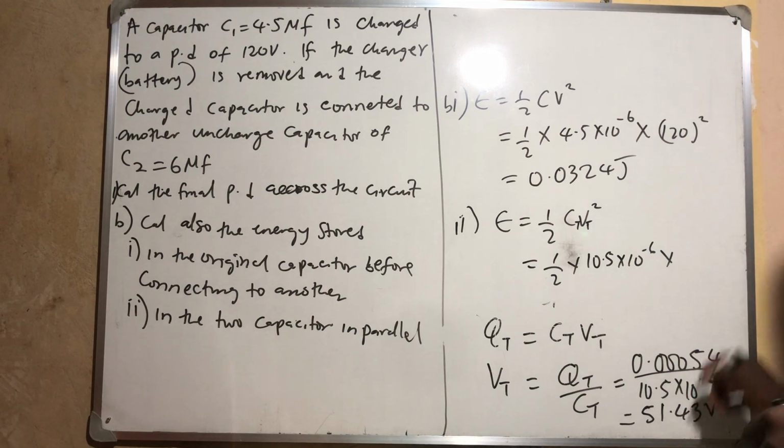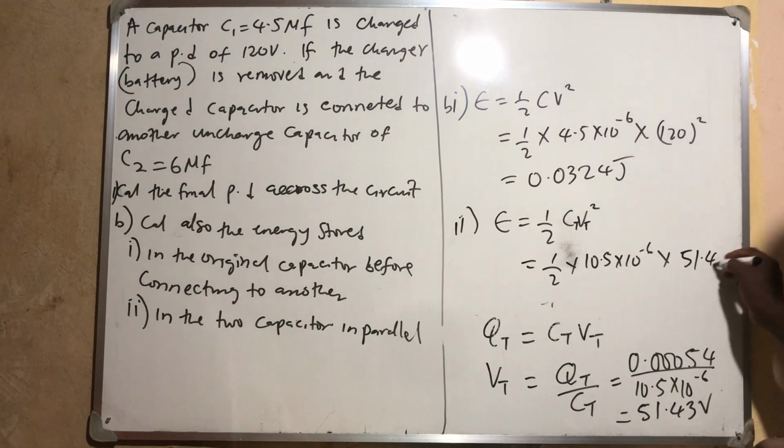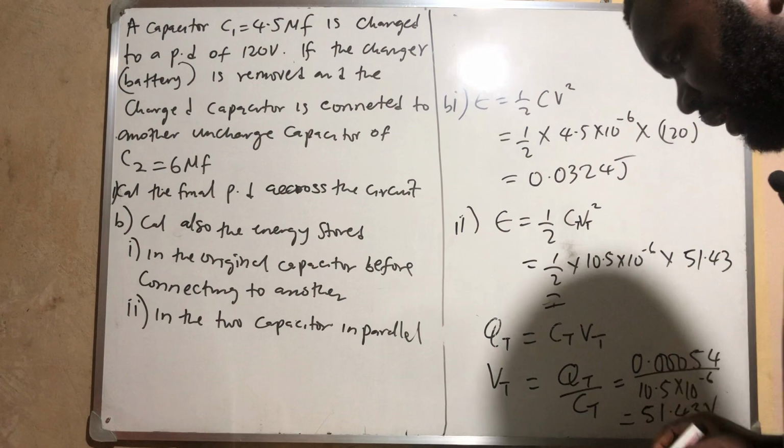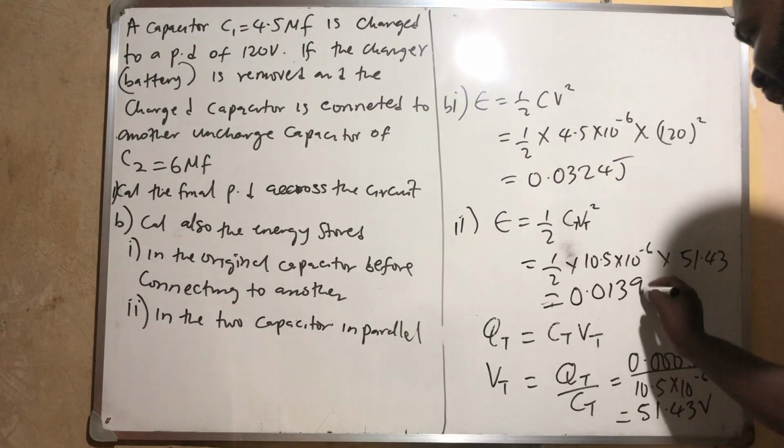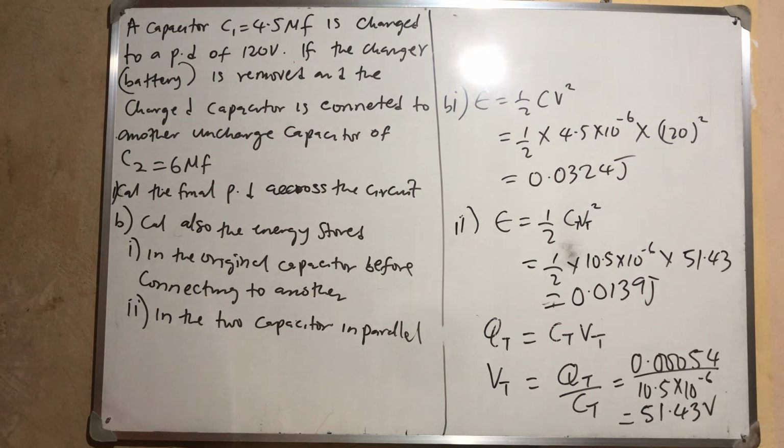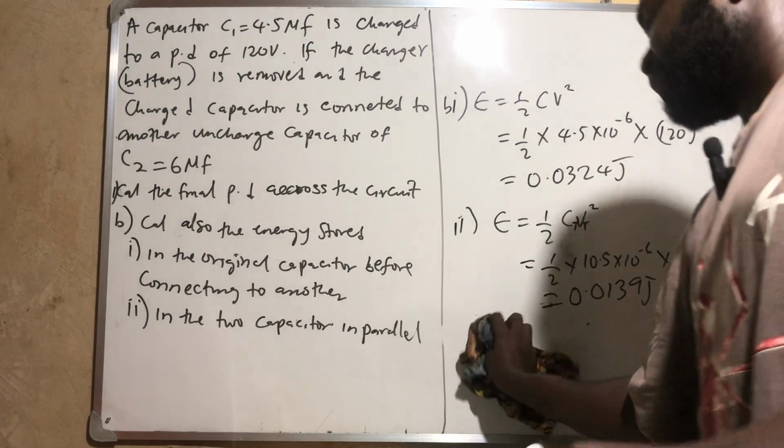What did I get ahead? The V total, I got it as 51.43. So if you multiply them, you will be having 0.0139 joules. Okay, so that is that for that.